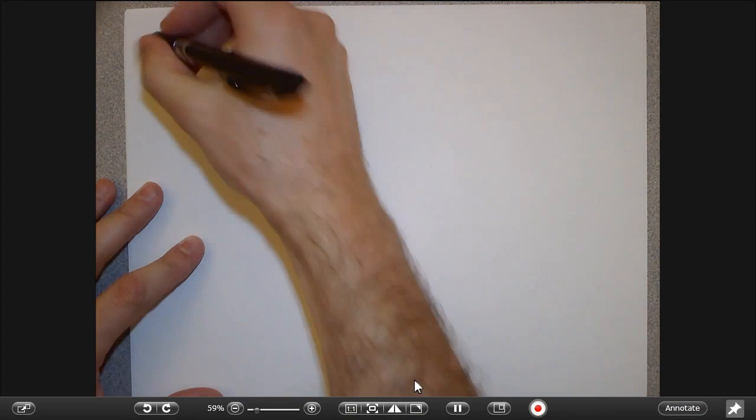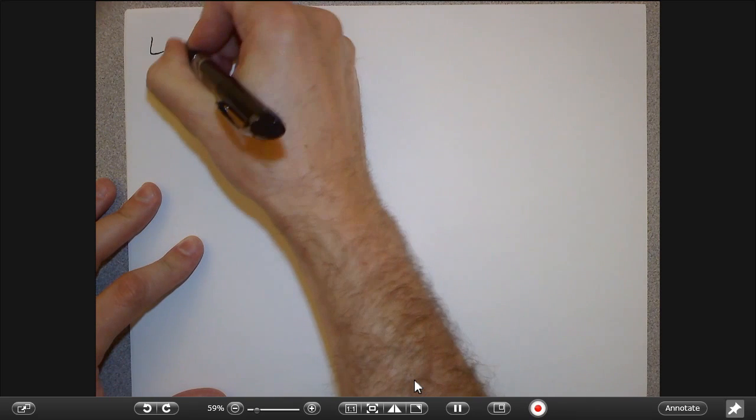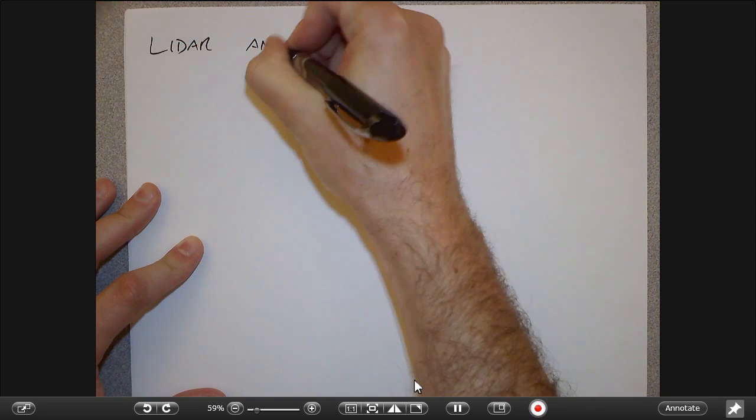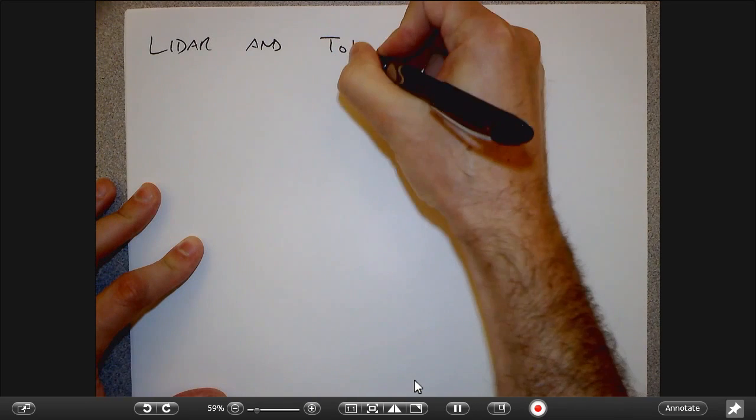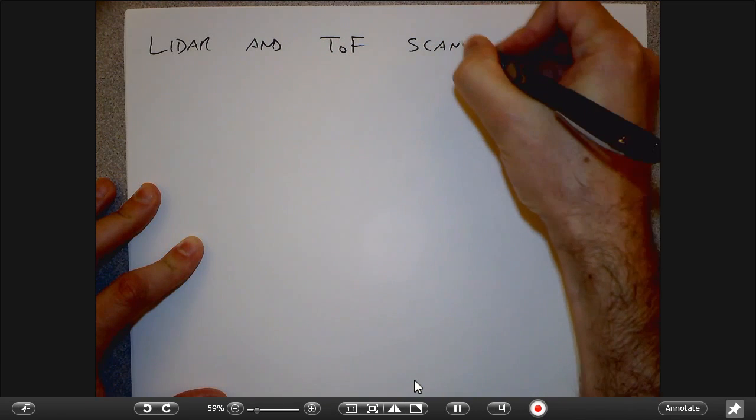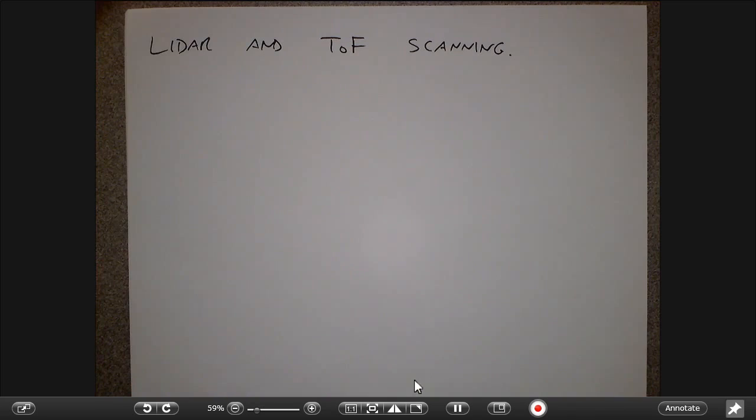No, it's not bad. Okay, so today's topic is LiDAR and time-of-flight scanning. One way to think about LiDAR is it's kind of like the laser measuring tape that you get at Home Depot. You point it at the wall, a laser spot goes out where you aim, and it comes back and tells you immediately how far away that surface is.